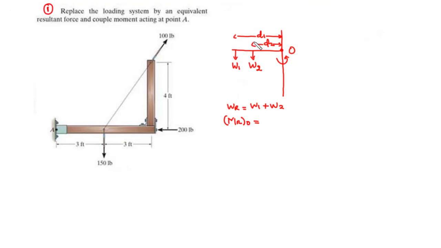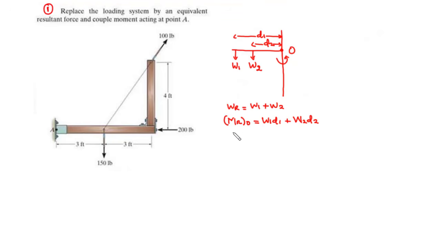So W1 times D1 plus W2 times D2. So this happens to be the resultant couple moment about O, and then we are taking the anticlockwise direction.